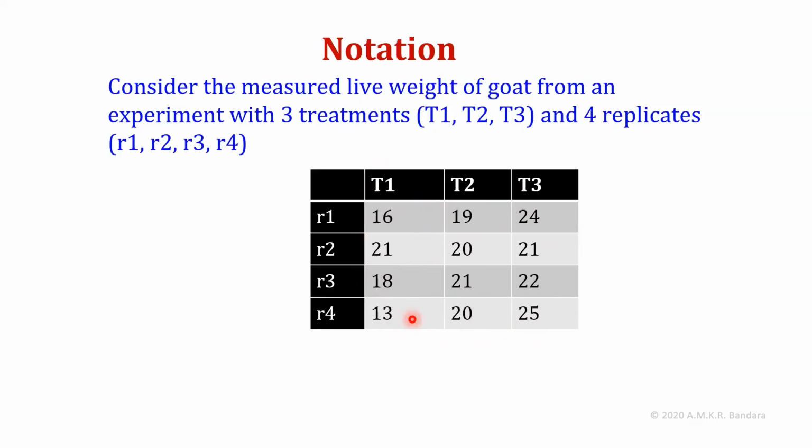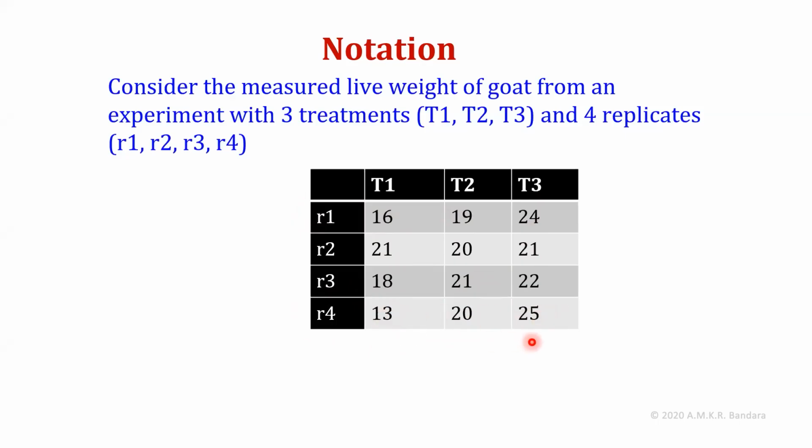If we consider this total variability of observation, we can divide this total variation into 2 parts. That is within treatment variation. Here, this variation is within these treatments. We call it within group variation. And this variation, from here to here, we call between treatment variation or between group variation.